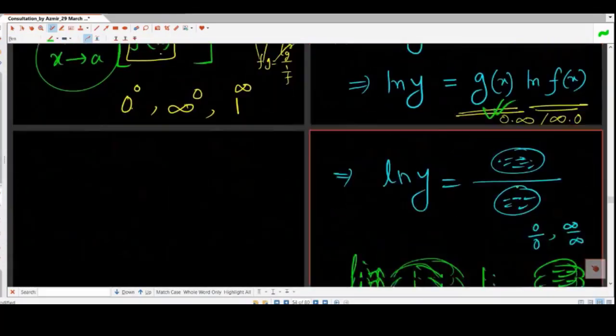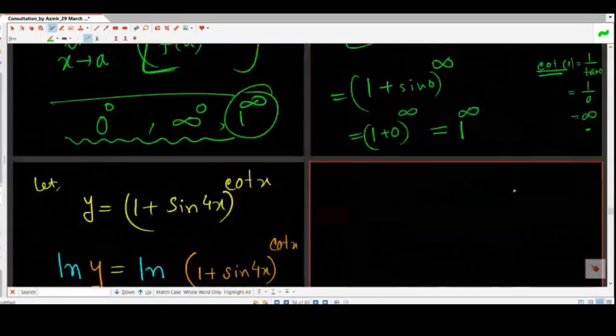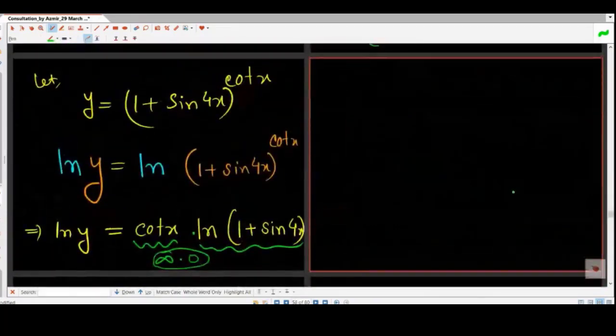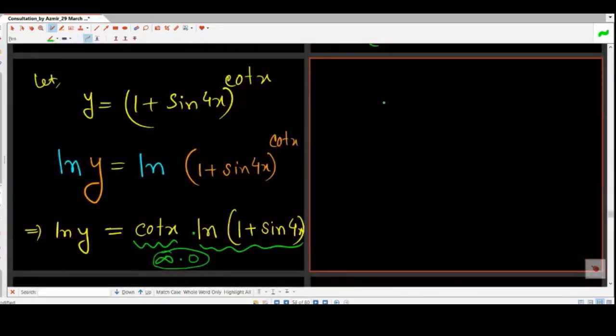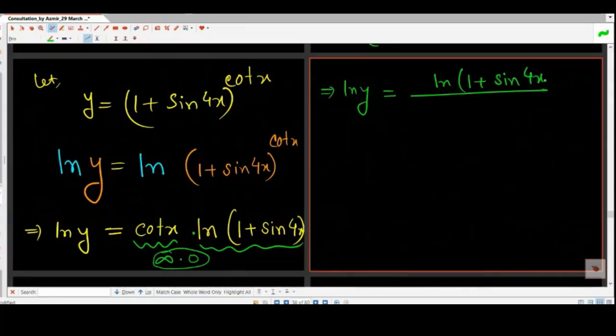If we have type 3, we can convert that type to the ratio form. So we have to convert this product to the ratio form anyhow. Natural log of y equals natural log of 1 plus sine 4x times cotangent of x.